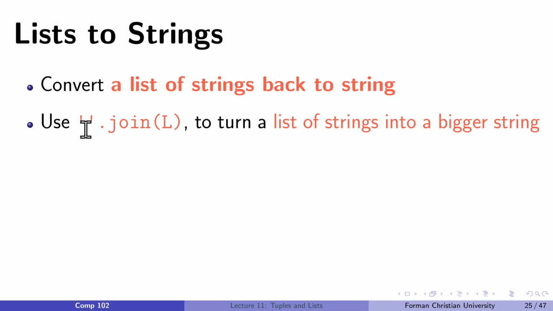And if you do not want to have any separator between the items in a list, you use an empty string. The list that join acts on is a list of strings. It cannot have any other data type apart from strings. It must have all strings in this list. So the separator in this case is an empty string. And you can use any character as a glue, basically.